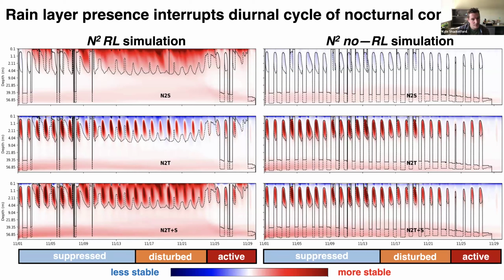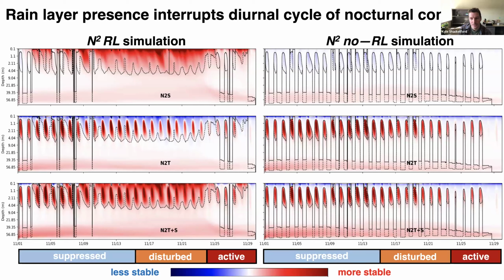And what we can see is across the latter portion of the MJO suppressed phase and the entirety of the MJO disturbed phase, from a domain mean perspective, rain layers are interrupting the diurnal cycle of ocean mixed layer depth deepening.